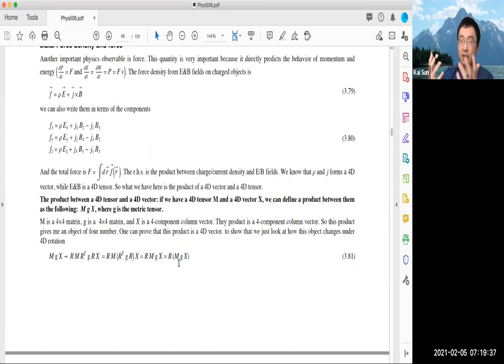Any object in 4 dimensions that transforms the same as coordinates under a Lorentz boost or 3D or 4D rotation is a 4D vector. So the bottom line: any rank 2 tensor in 4D and any vector in 4D, we can multiply them together in this way. This is called their inner product, and it gives me a vector.